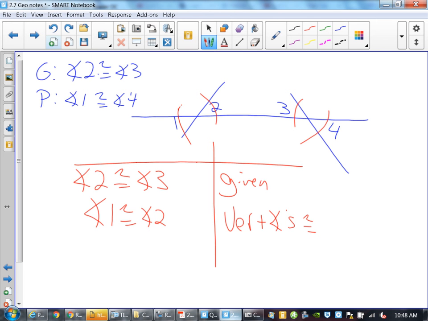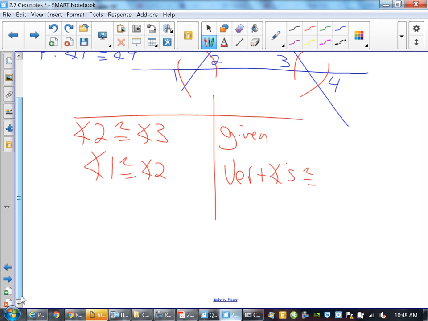Now, if I look at this, I have 2 here, 2 there. So 3 must equal 1. Angles 3 and 1 are both congruent because I can take one in for the other using substitution. Why is angle 3 congruent to angle 4?